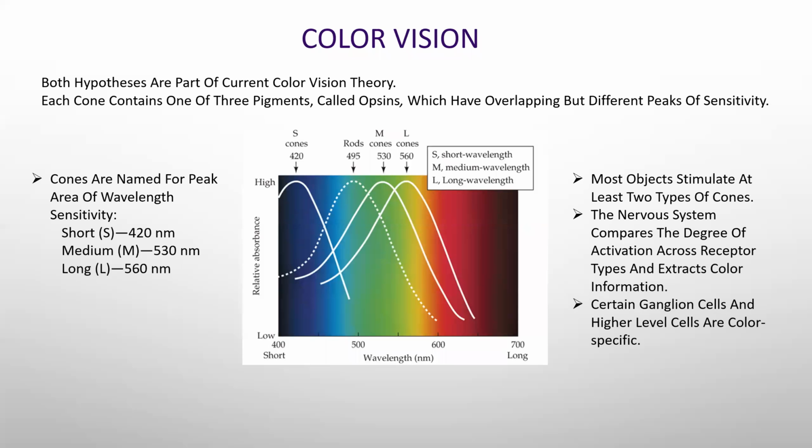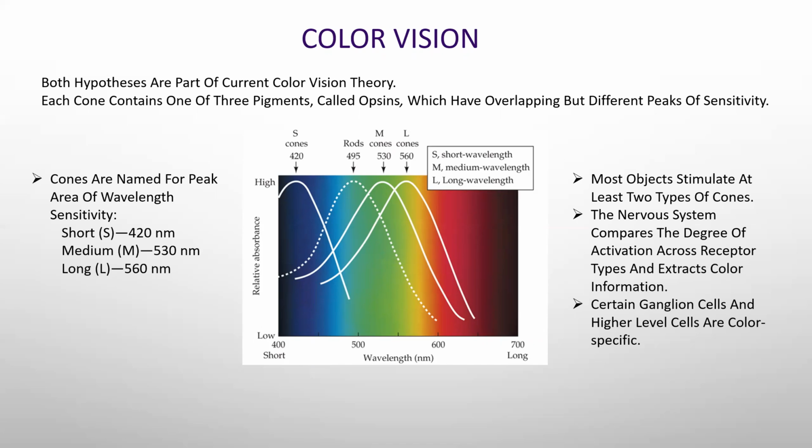So which hypothesis do we go with? Well, both. Okay. Both hypotheses are part of current color vision theory. So first, each cone contains one of 3 pigments, and we saw those, okay, called opsins, which have overlapping but different peaks of sensitivity. So on the left-hand side, it says cones are named for peak area of wavelength. Short, you see that blue, okay, medium, it's going to be in green, and then long is going to be, I guess, in a kind of a yellow area.